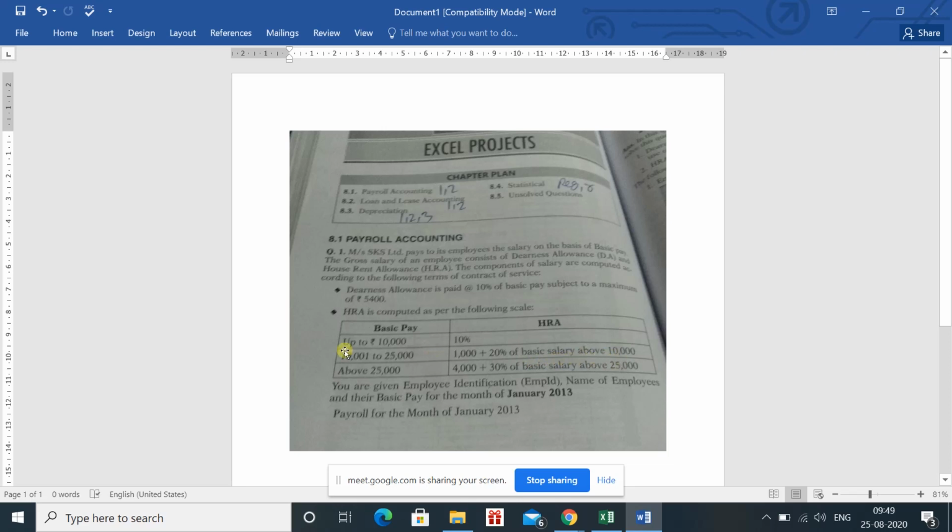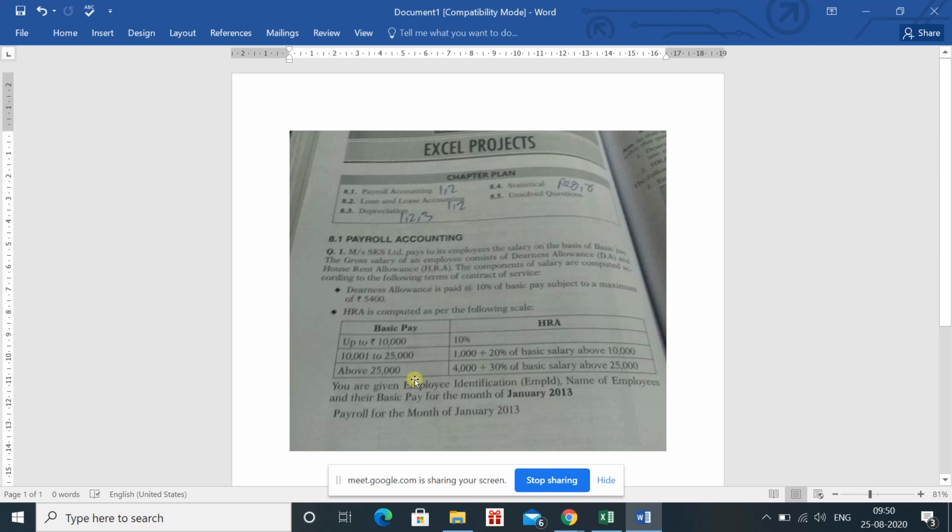Means if your salary is 24,000, so in that case 20% of 14,000 plus 1,000. Don't worry, I will give you an example in the Excel sheet. Right now I'm just reading the question. Then above 25,000, 4,000 plus 30% of basic salary above 25,000.